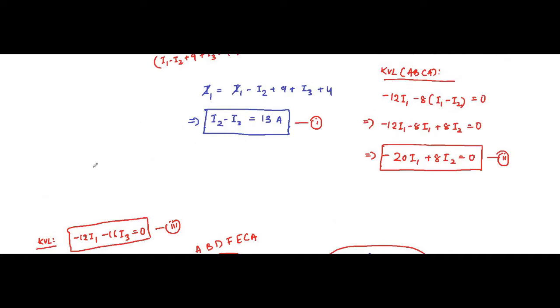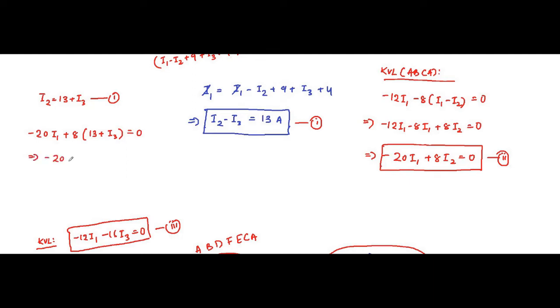So let us put equation 1 in equation 2. I2 is equal to 13 plus I3 from equation 1. We put that in equation 2, that is minus 20 I1 plus 8, instead of I2 we'll write 13 plus I3, is equal to 0.